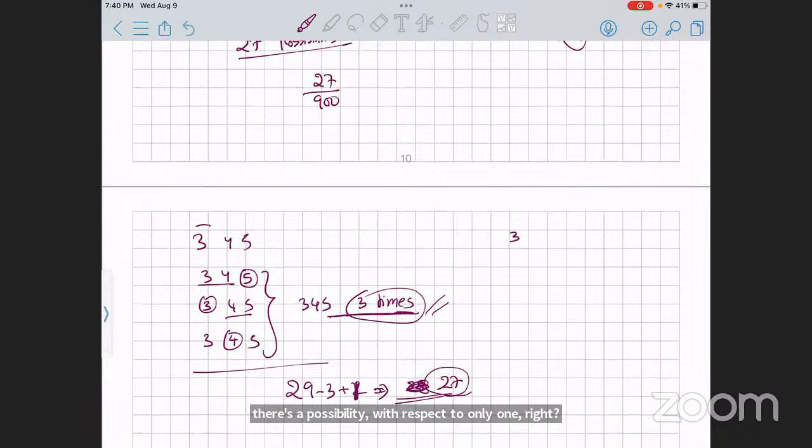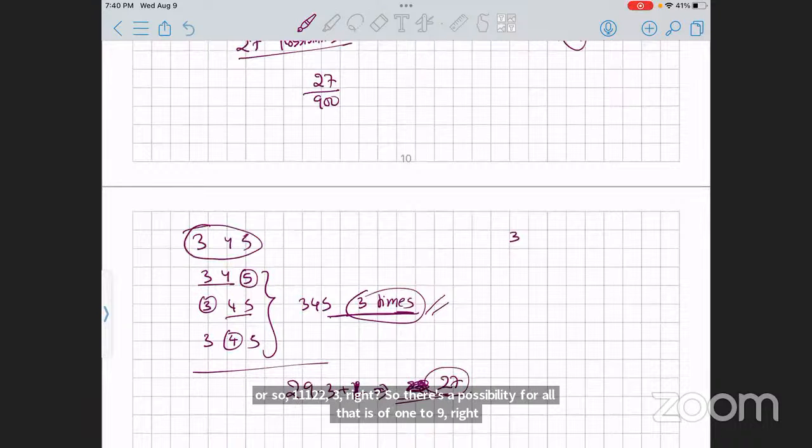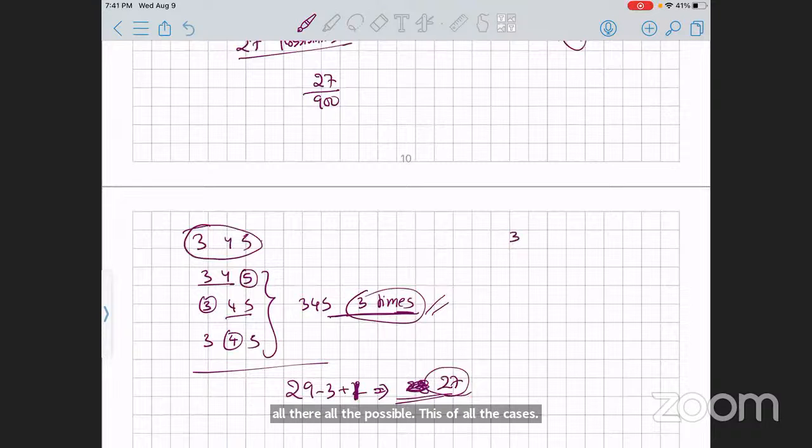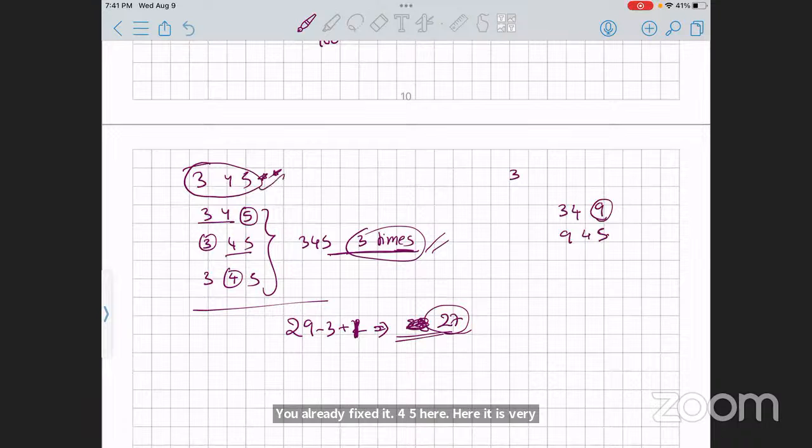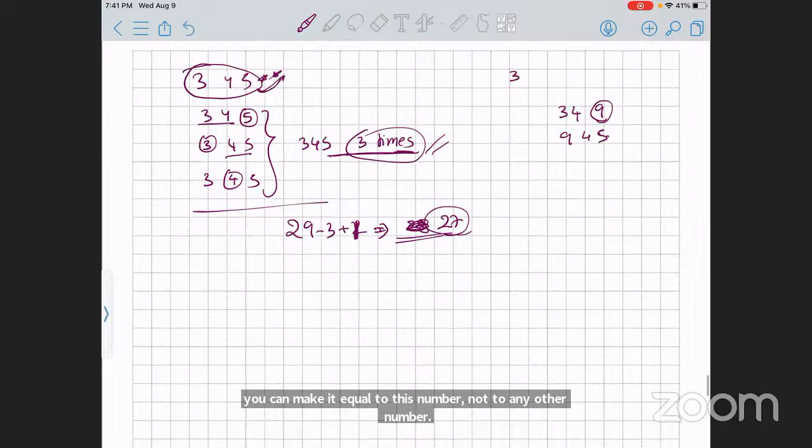But the question was making this number equal is the case for us. For suppose 3, 4, 9. Tell me any number. Suppose you already fixed 4, 5 here. You can make it equal to this number, not to any other number. Try on yourself.